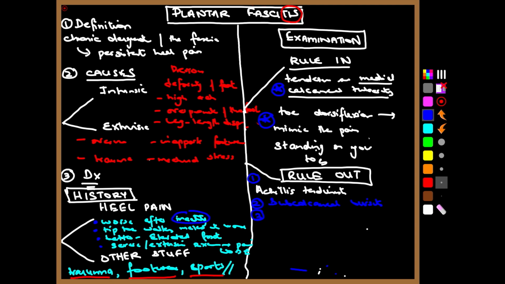Number 3 would be a radiculopathy, which is S1 or S2 radiculopathy. This we should be able to quite easily differentiate because we'll have other symptoms of nerve entrapment, like numbness, and also the straight leg raise test would be positive in this.